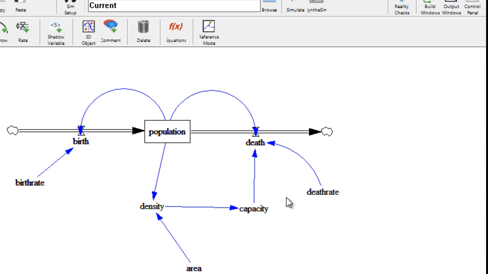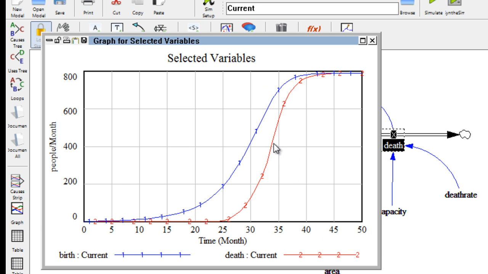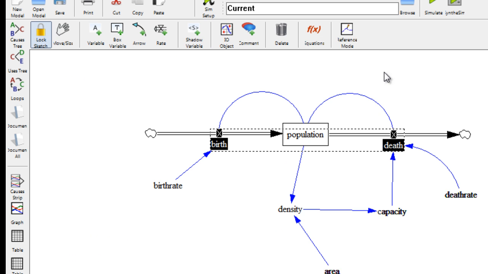If you want to see how much is the birth and the death, click here, press your shift key and click over here, see the graph over here. So you can see the birth and the death.